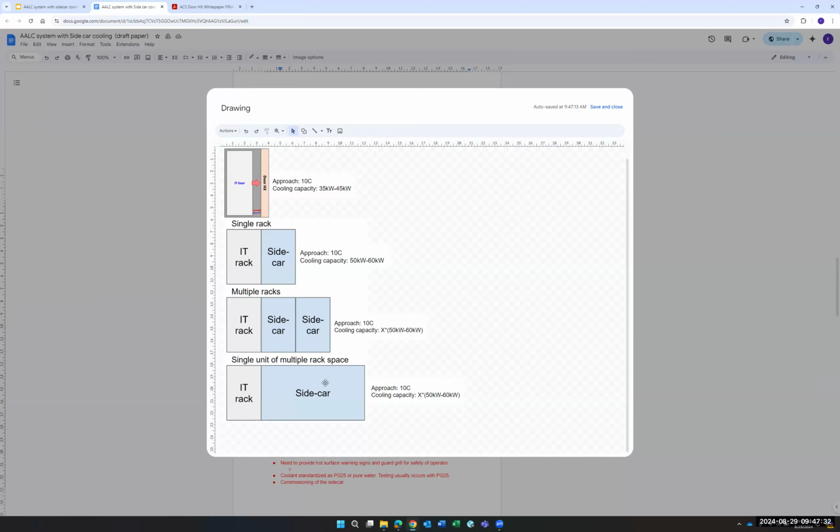But I think the point of a single wider one being more efficient for cooling than 2 single cabinet wide ones is kind of lost unless you're calling this 3 cabinets wide. So I think, yes, as a design point for selling this technology, if you made this one the same width as a double one, and in the formula on there, your X would be X times 1.2 or something like that.